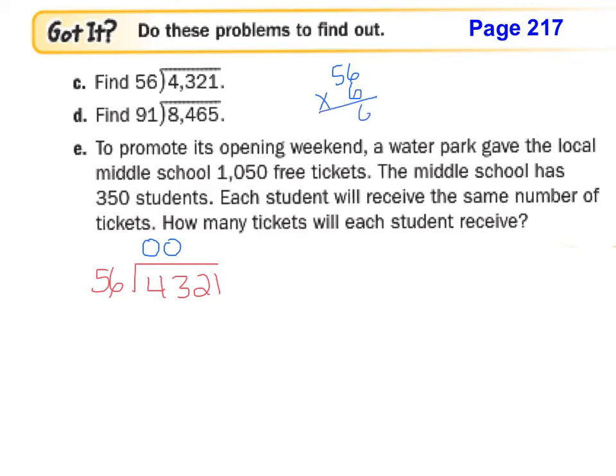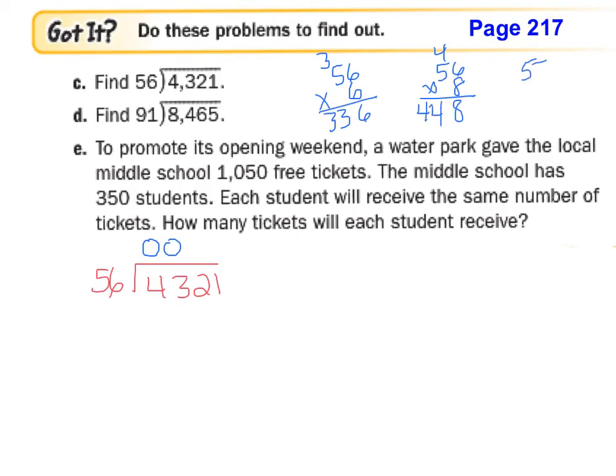6 times 6 is 36, carry the 3. 5 times 6 is 30, plus 3 is 33. 336, that's too low. So let's do 56 times 8. And we get 48. And 5 times 8 is 40, plus 4 is 448. That's too big.